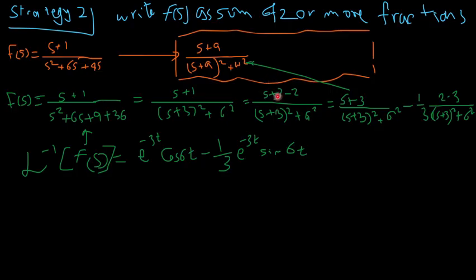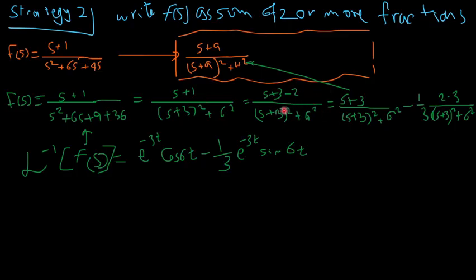So we can define this as s plus 3 minus 2, since 3 minus 2 equals 1, the same as here. So s plus 3 minus 2 over s plus 3 squared plus 6 squared is exactly like this expression.